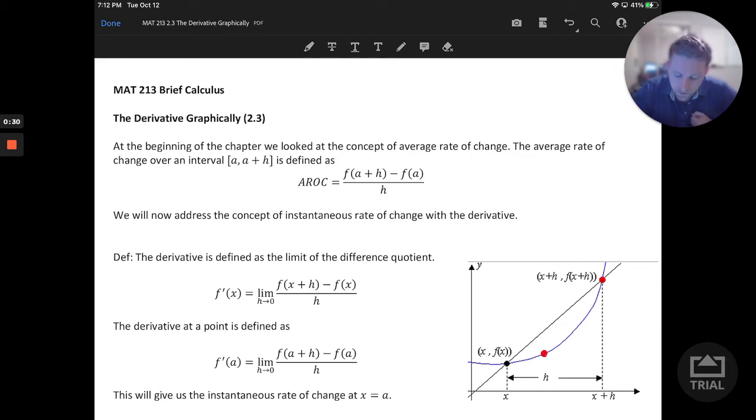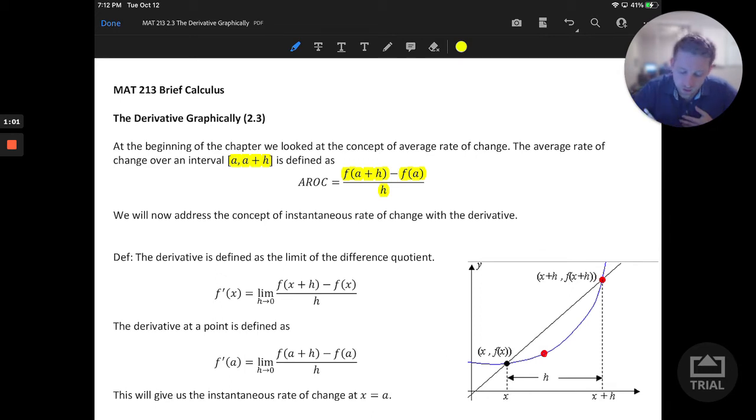So if I consider this interval a to a plus h, and we have something similar graphed below here where it's just x to x plus h, we would consider its average rate of change to be the change of the functional values, so f of a plus h minus f of a, divided by the distance between those 2 points, and that would simply be the distance h. And we can see that kind of working out in our picture there.